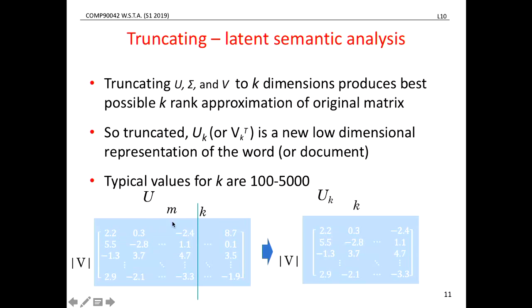It was V times M. And now we're going to truncate it at K less than M. Similarly, this is just showing you the output. We'll do the same thing with V potentially if we're interested in the document representation. However, here we're interested in the text representation. We're interested in the representation for each word. Each word is going to be a row in this matrix.